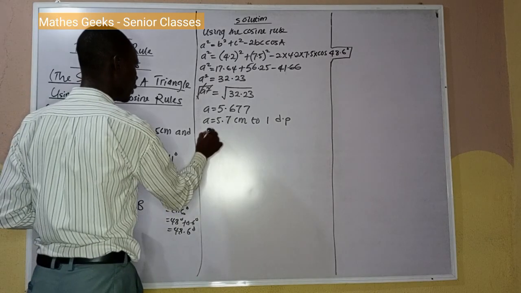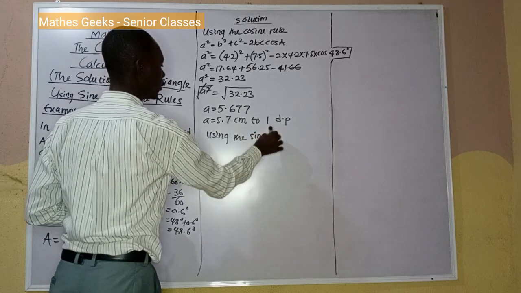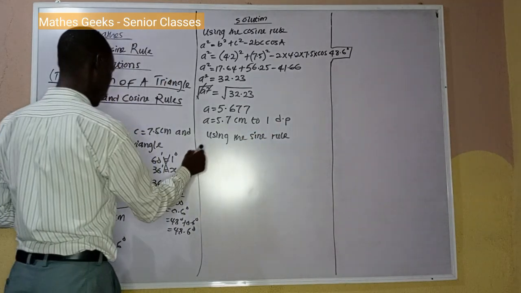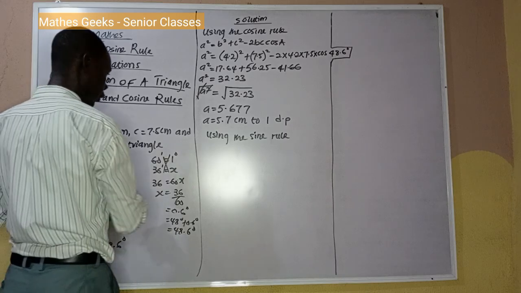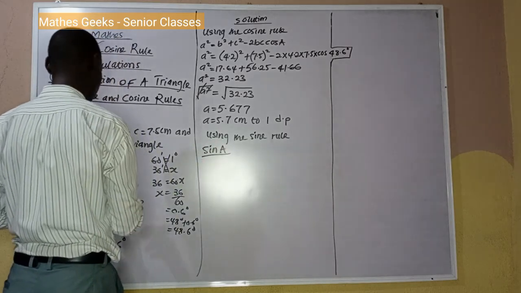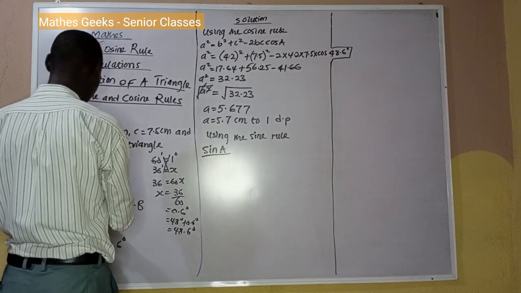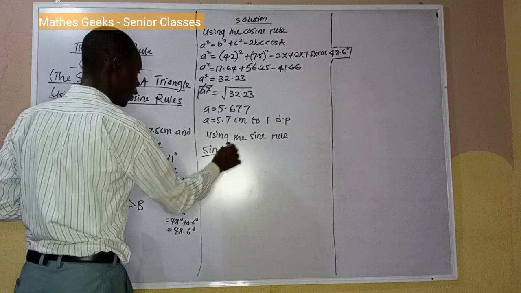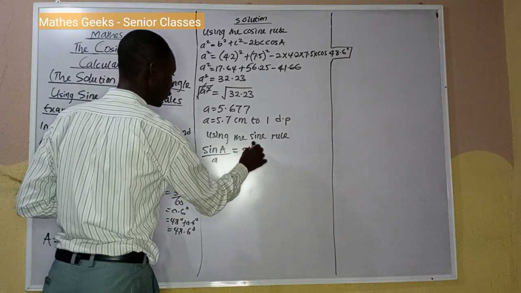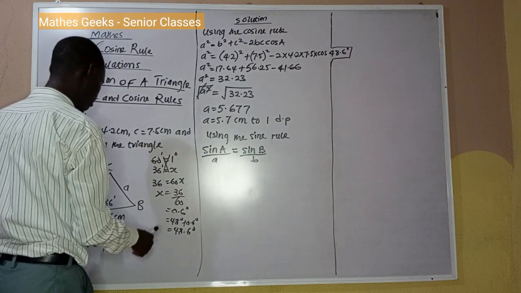So we're going to say, using the sine rule, we use the angle and the side that are known against the angle and the side of which one is not known. So sine A over A is known. So sine A over A is equal to, and we're looking for angle B, sine B over B. Let's put our values.